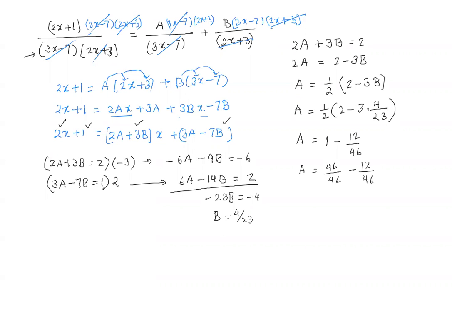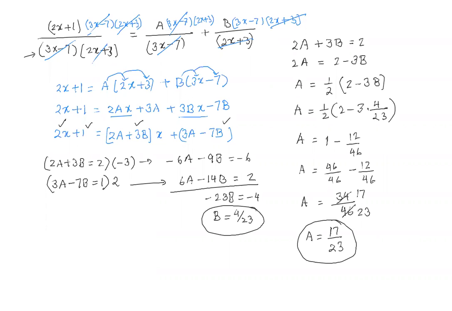So A is equal to 46 minus 12 is, by the way, 34 over 46, right? So 2 goes into 34 17 times, 2 goes into 46 23 times, or A is equal to 17 over 23. And B is equal to 4 over 23.